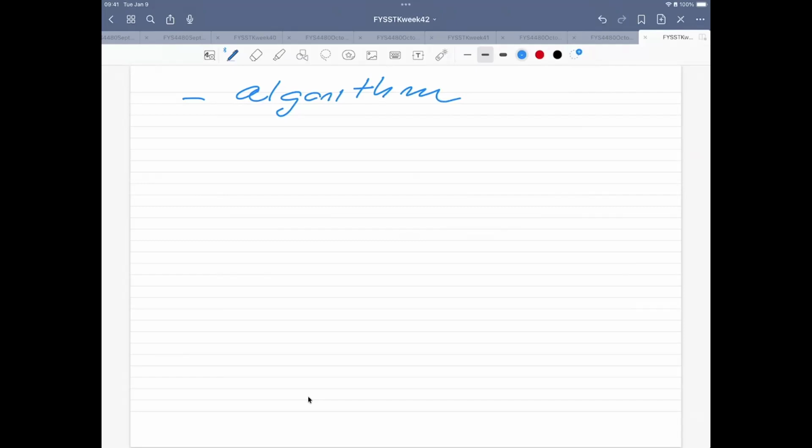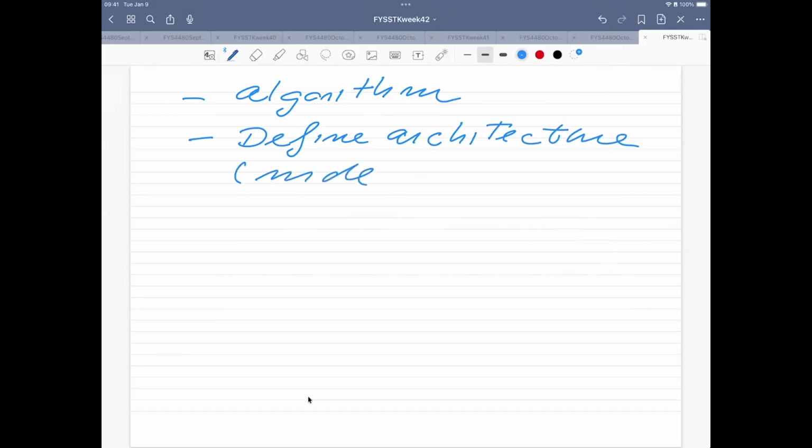So the first thing is that you need to define the architecture, and keep in mind now that the architecture of the network is your model. So I'm just going to write in parentheses here, the model.